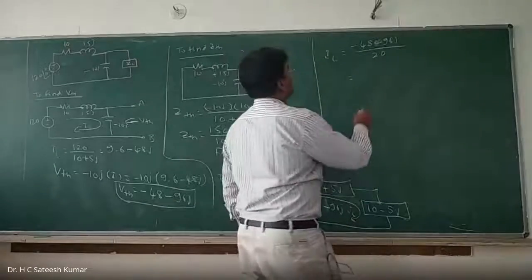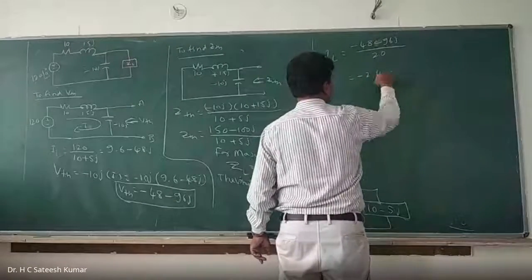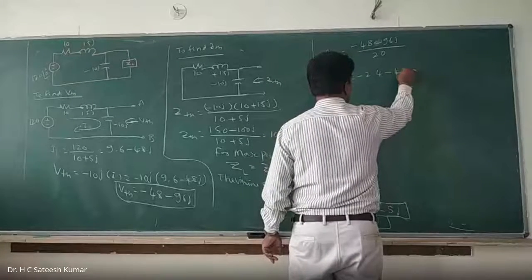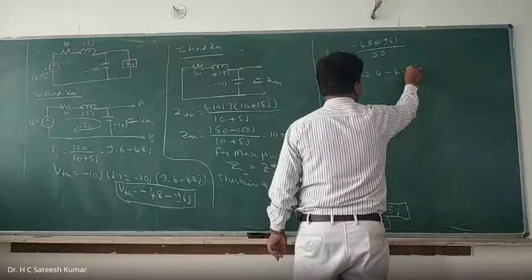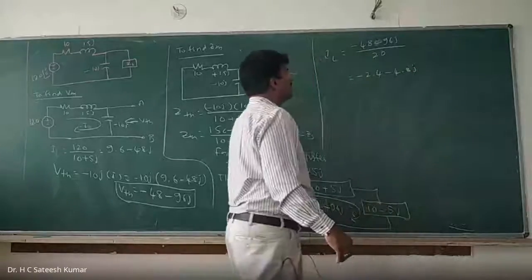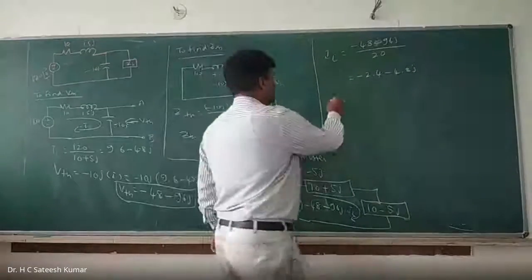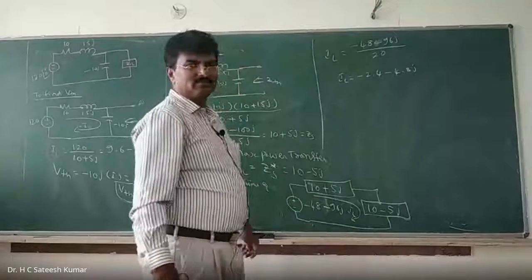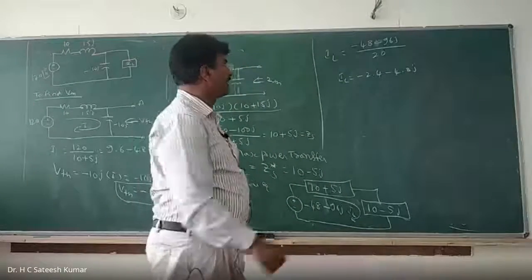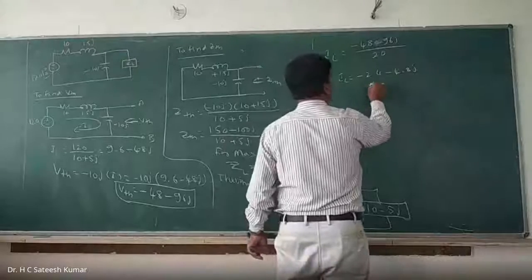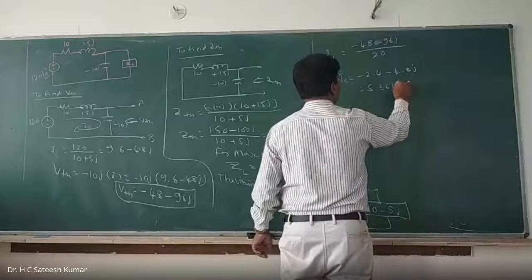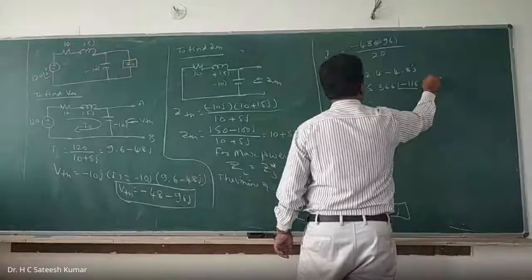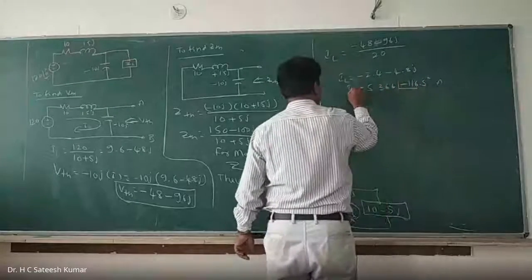That is minus 2.4 minus 4.8J. Correct. That is IL. Convert it into polar: 5.366 at an angle of 116.5 degrees amps.